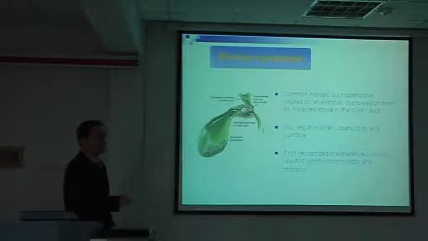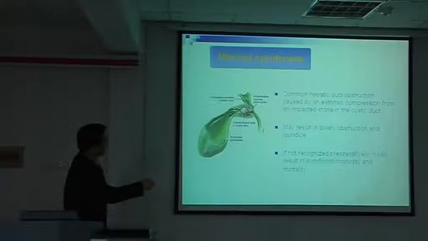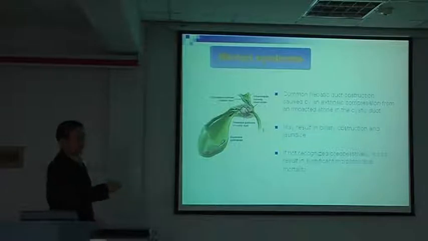So it is very important to recognize Mirizzi's syndrome. If we do this operation, we can cut the gallbladder from here, take out this stone and suture here. This does not injure the common bile duct. This is very important.